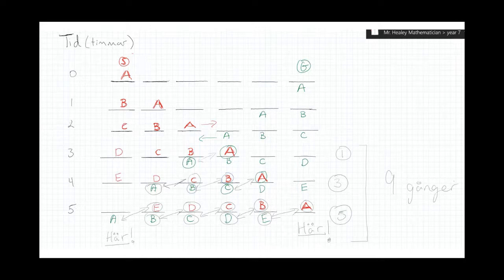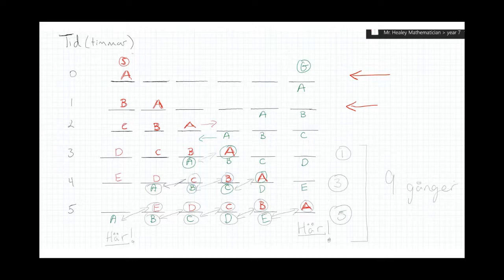If we look at the first part here, train A from Gothenburg and train A from Stockholm, they're at their train stations. They have not left yet. However, when we go down to the first hour, train A from each destination has gone one place. They've traveled for 1 hour.